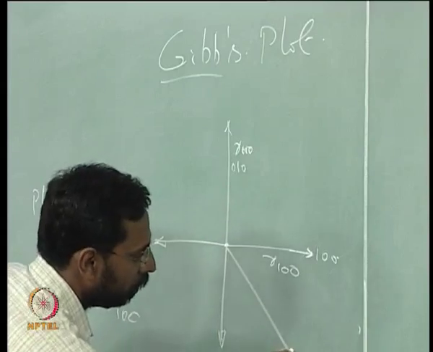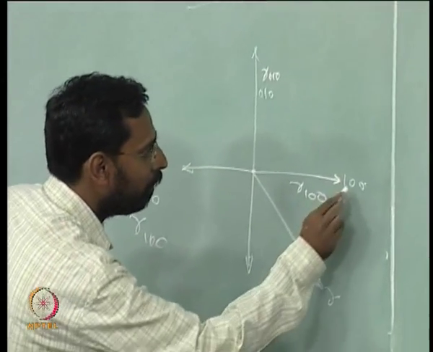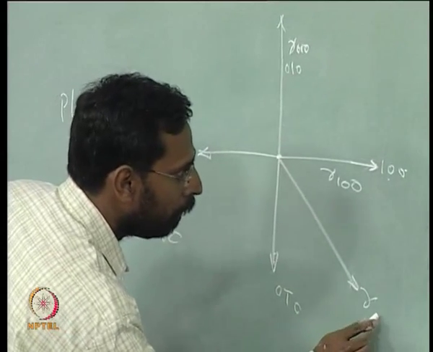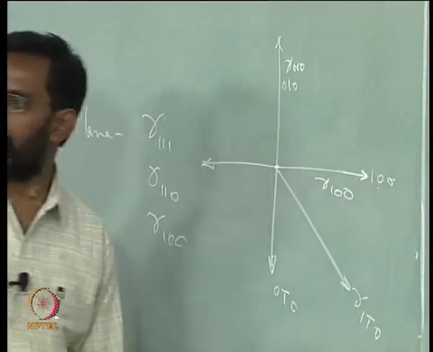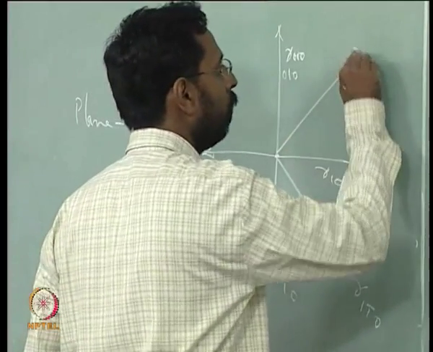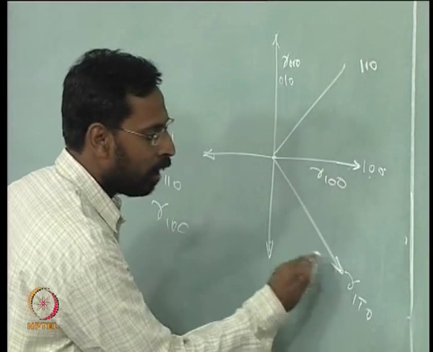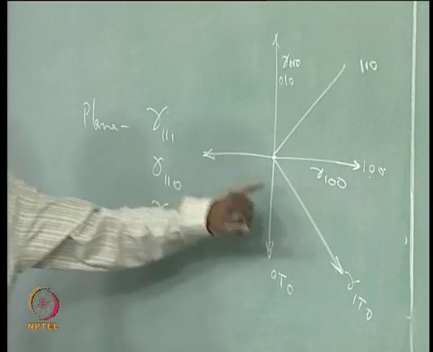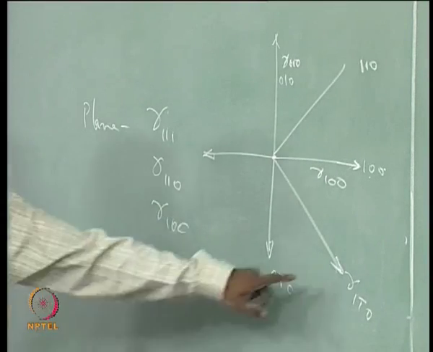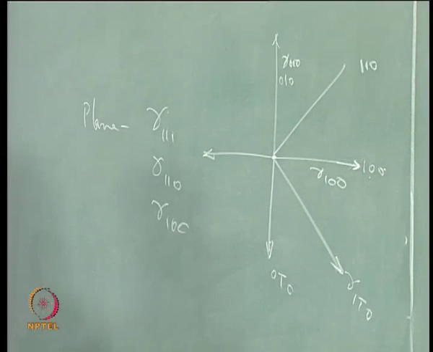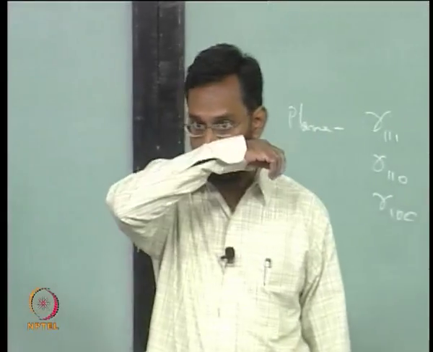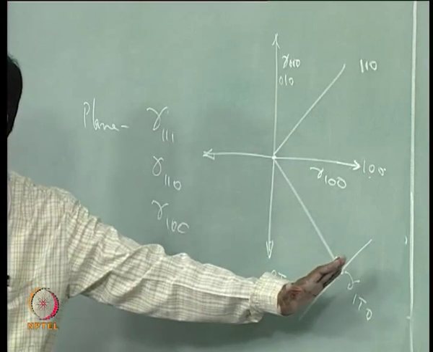Then I can talk about gamma of this. If this is 100 and this is 0 bar 10, this will be 1 bar 10, am I right? And this will be 110, and the value of this gamma I take with a scaling factor. Once I put in all those vectors, you simply draw perpendiculars to those vectors, and each perpendicular represents that plane.